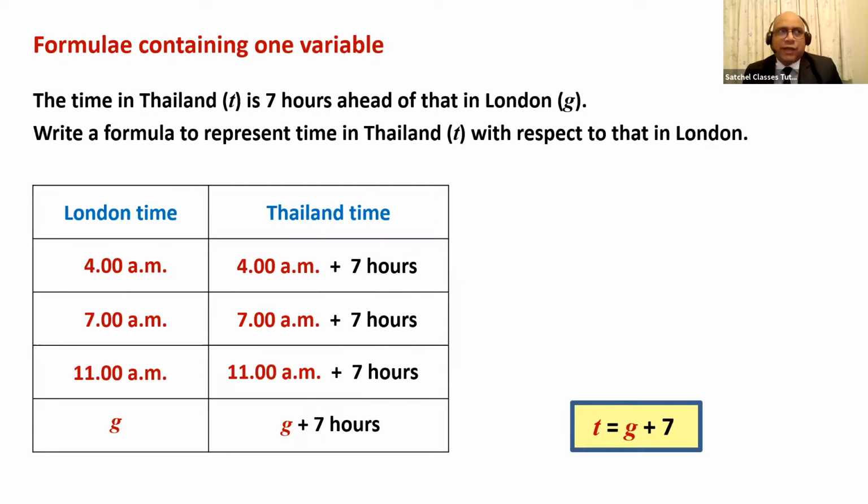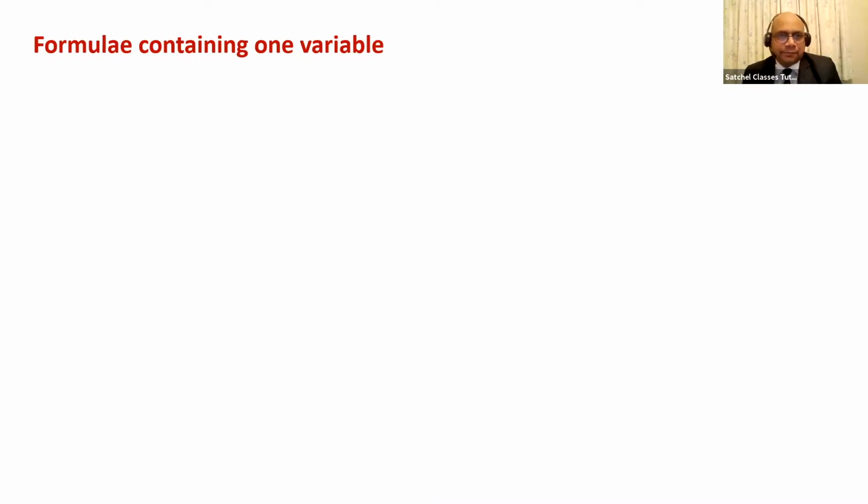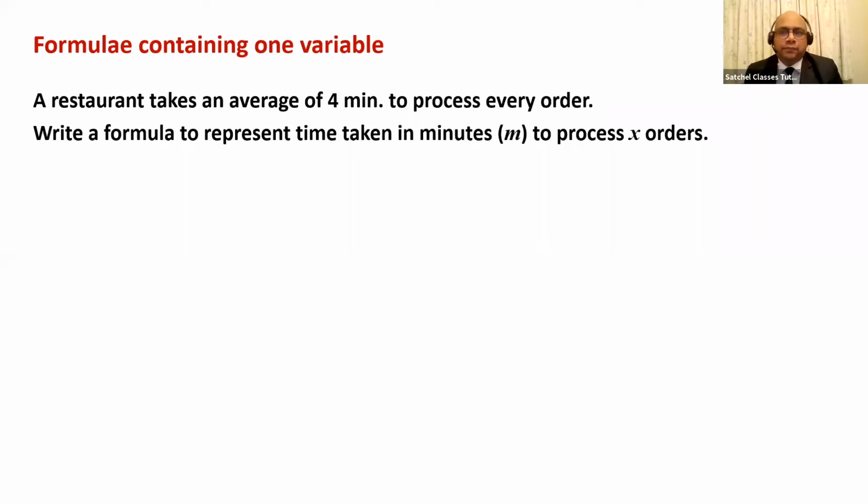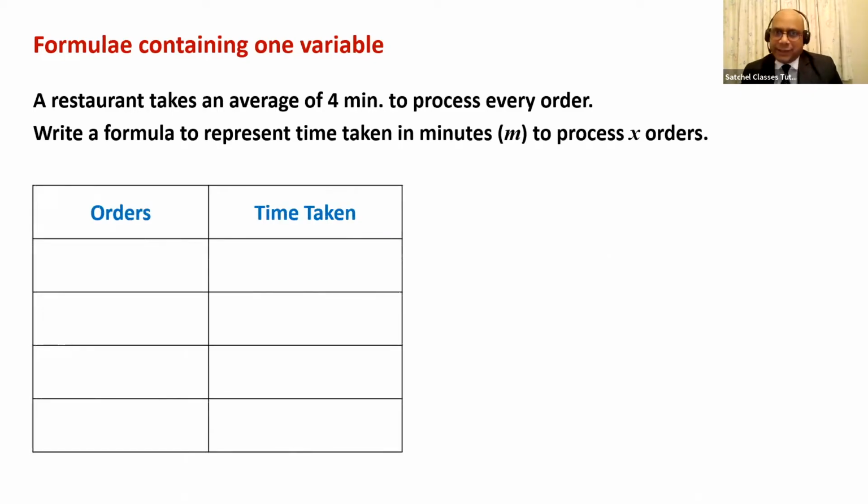Right? Let's take one more example of formulae involving one variable. Here you go. A restaurant takes an average of 4 minutes to process every order. Write a formula to represent the time taken in minutes, which is M, to process X orders. Well, once again, let's replace the number of orders, which is X, by some simple values.